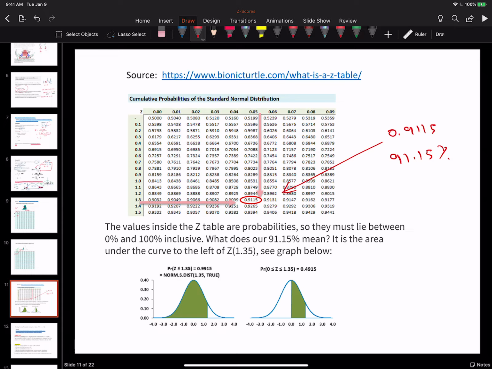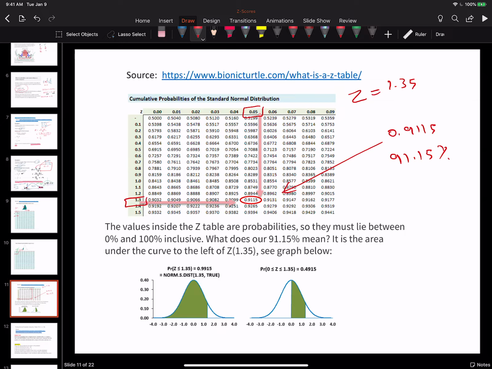So what's the z-score that they're trying to show you? It's coming from 1.3, add this much to it. So z is actually 1.3, add 0.05 to it, that's the 5.